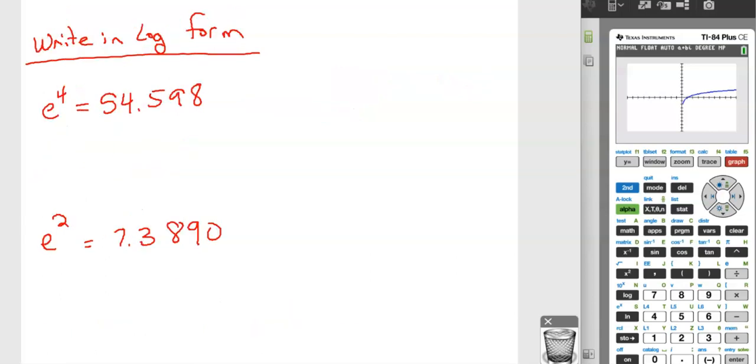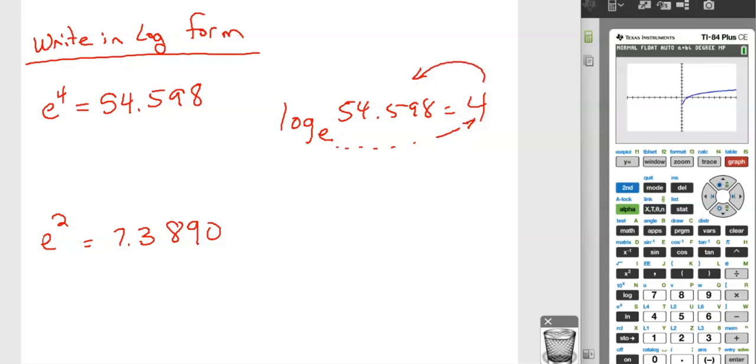If I ask you to write these in log form, well, this is e to the 4th power, so we want log e. Remember that counterclockwise motion is what we're talking about. So e to the 4th power is 54.598.